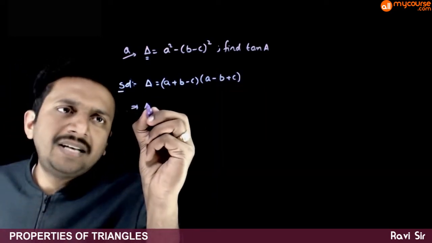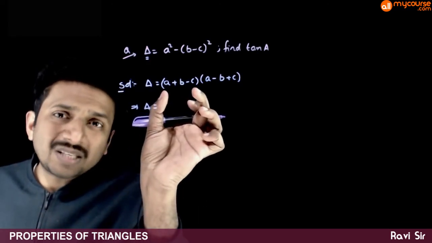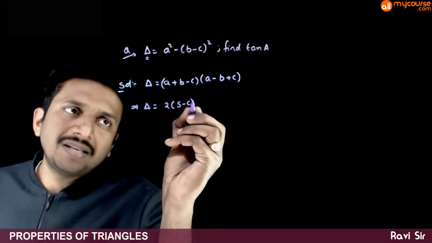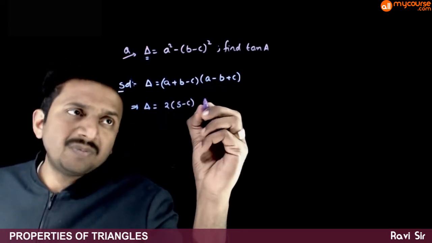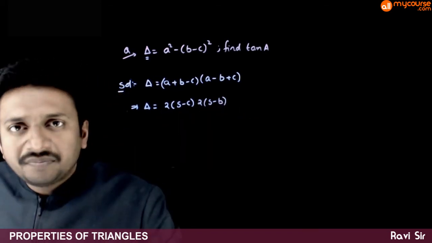We have already seen this expression: a plus b minus c can be written as 2 times (s minus c), and a minus b plus c is 2 times (s minus b).